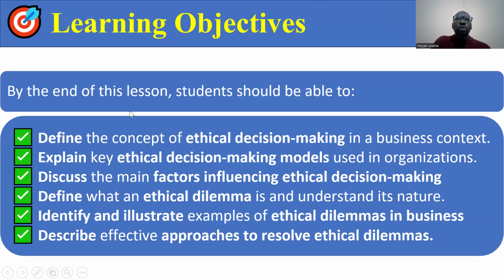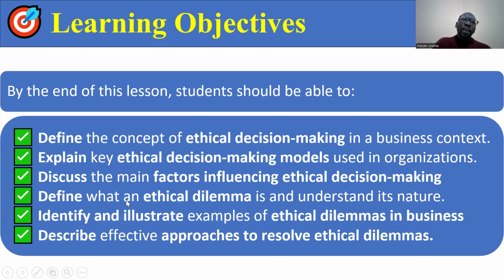Okay, as we continue, what are the lesson objectives today? By the end of this lesson, you should be able to, number one, define the concept of ethical decision making in a business context. Number two, explain key ethical decision making models used in organizations. Number three, discuss the main factors influencing ethical decision making.